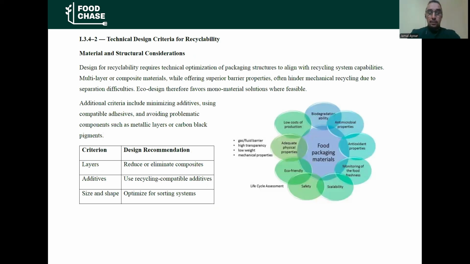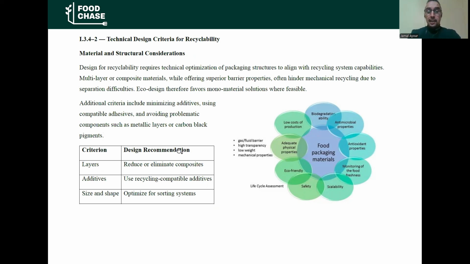About materials and structural considerations, it is very important to choose the materials for different considerations such as low cost of production, adequate physical properties, quality of the product, as you can see in this figure.